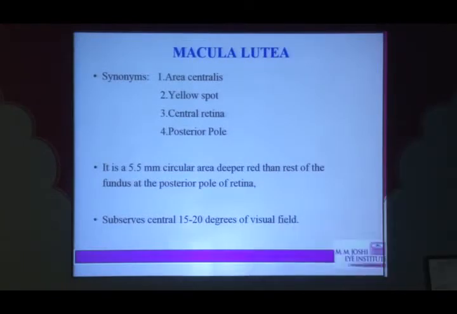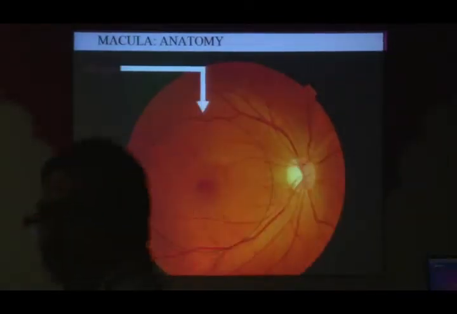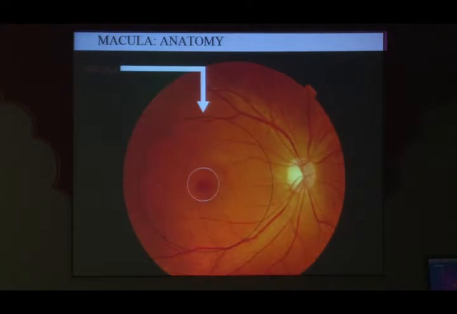Macula lutea is also called the area centralis or the central retina or the posterior pole. It's a 5.5 mm circular area, deeper red than the rest of the fundus. Just for the interest of the postgraduates here, it's a 5.5 millimeter diameter. We have the fovea, the foveola, the umbo, and then the parafoveal region, and then surrounded by the perifoveal area.